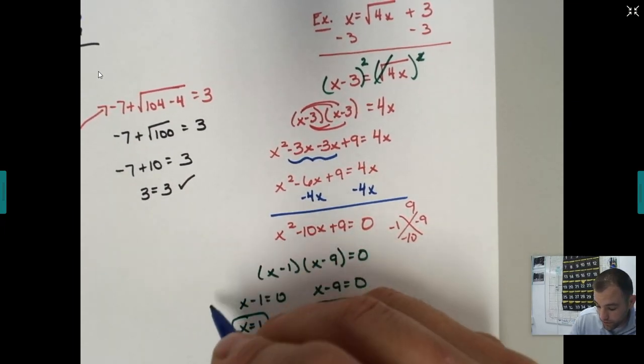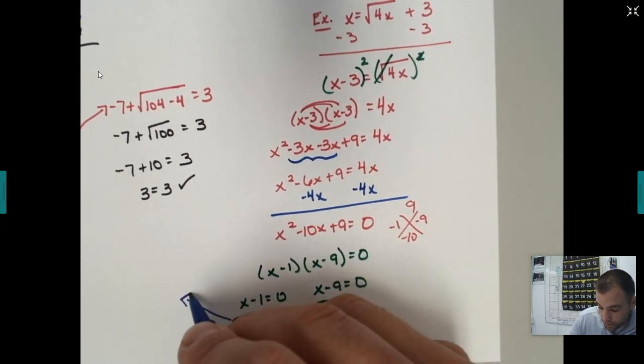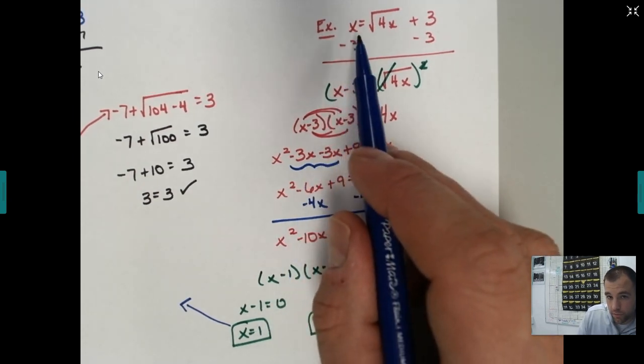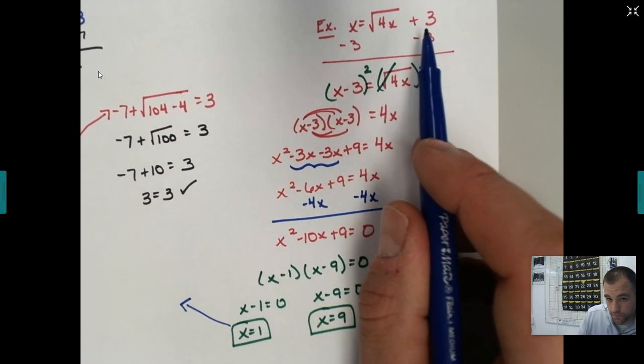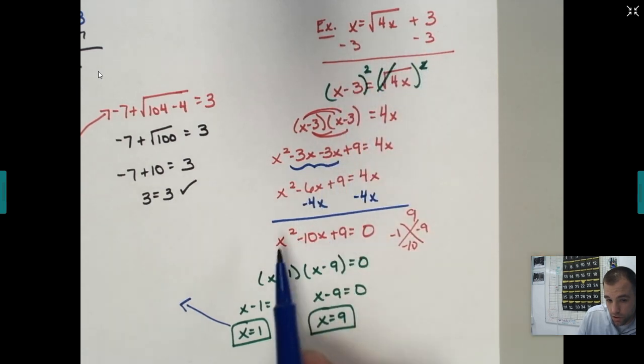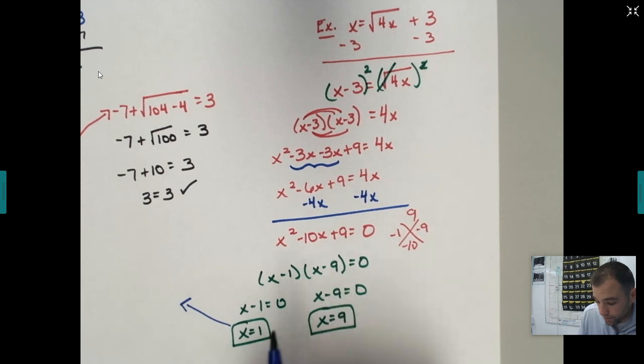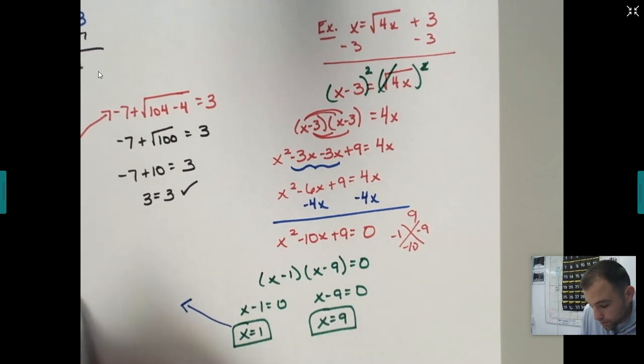So I'm going to write this over here because I kind of ran myself out of room. Let's check this problem. I'm going to take this 1 and plug it in wherever there's an x up here. So plug 1 in for x here and x here. That would give me 1 equals the square root of 4 times 1, plus 3.